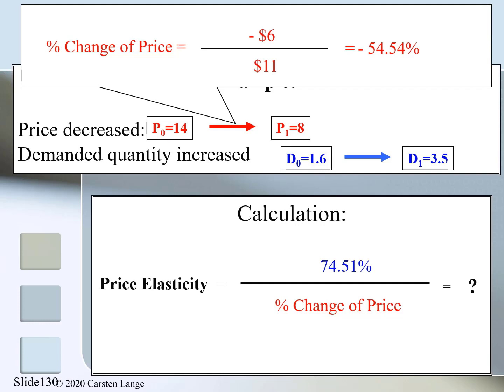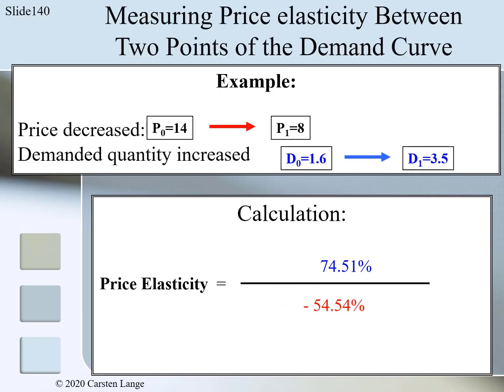This goes in the definition formula for the price elasticity. And from this formula you can calculate the price elasticity just by dividing the percentage change of quantity, 74.51, by the percentage change of price, minus 54.54. The result is minus 1.37.